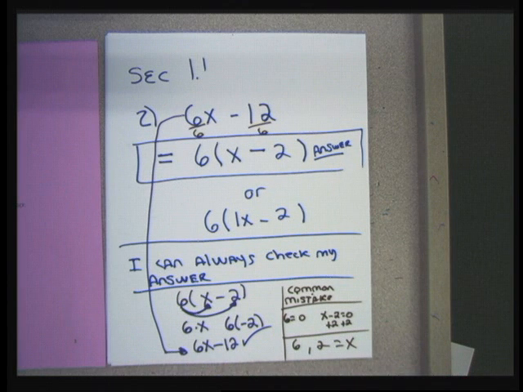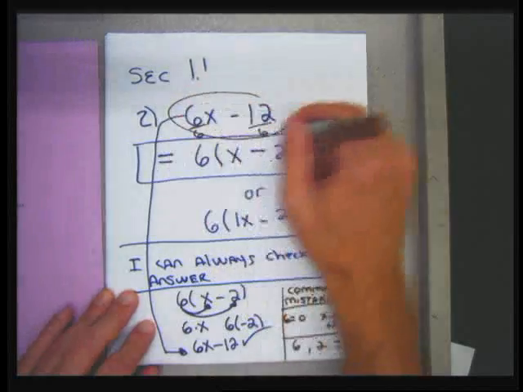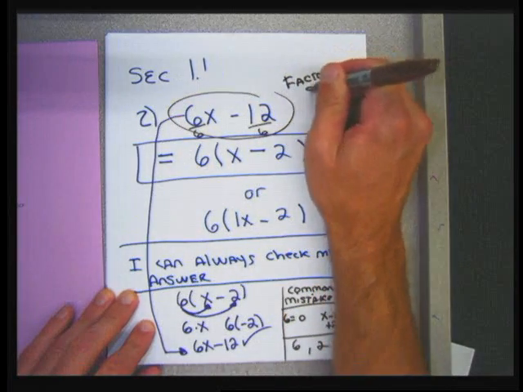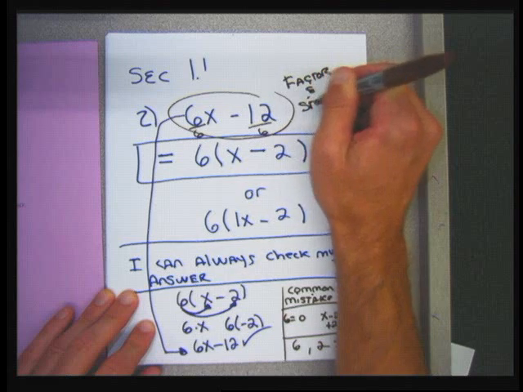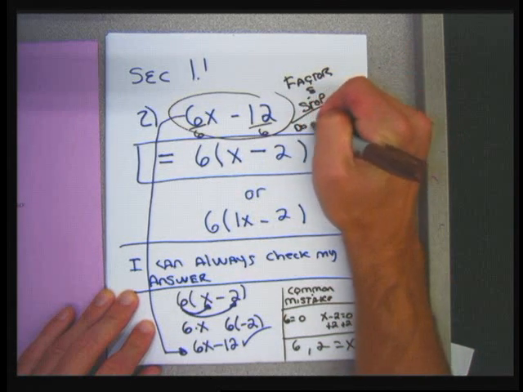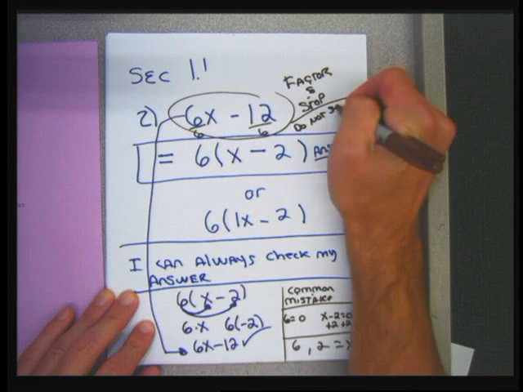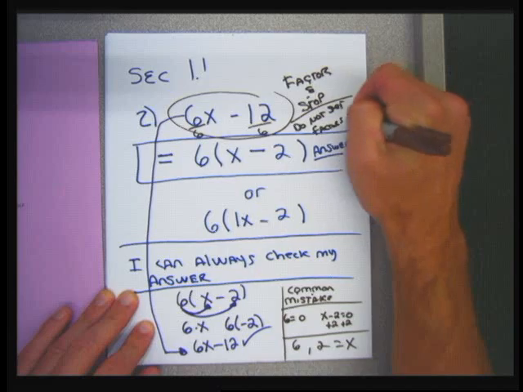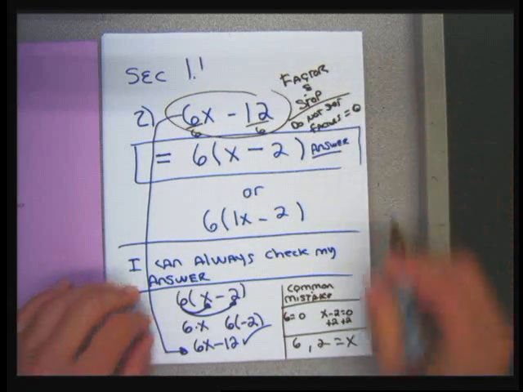You only get numerical answers when the problem has an equal sign and when it's equal to 0. So here, for these particular problems, I'm just going to factor and stop. I do not set the factors equal to 0. So you're not going to get numerical answers.